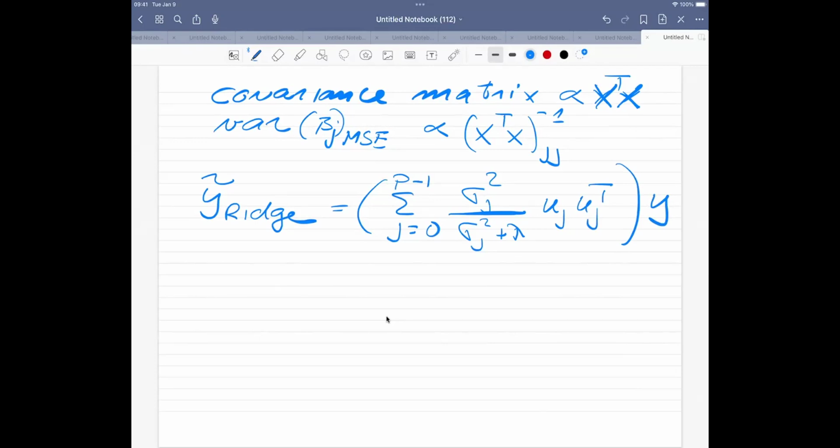So this lambda follows from a new parametric optimization problem.